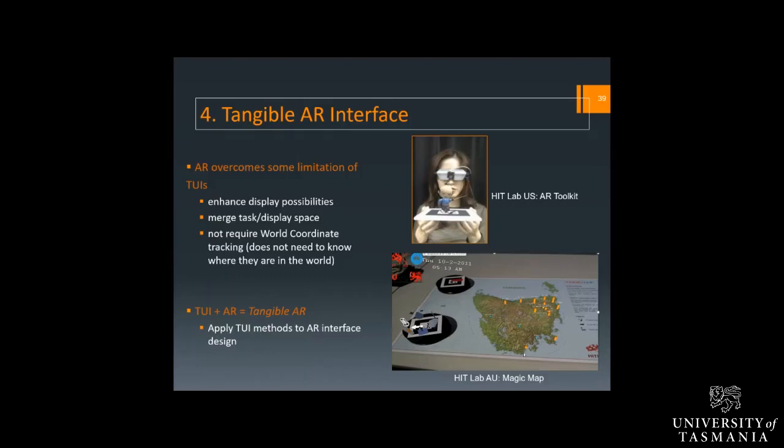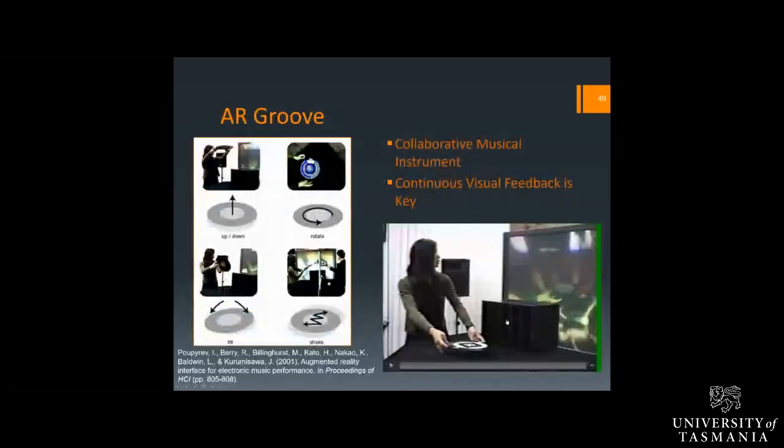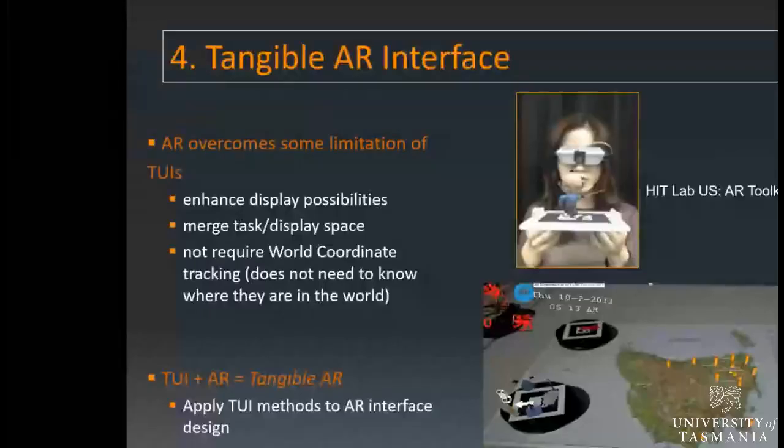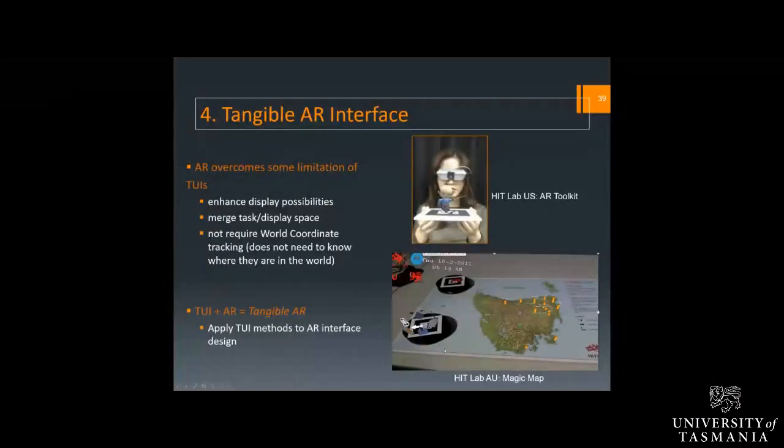So this is a project. The first image, of the lady with the samurai characters, was a project that originated from the University of Washington in Seattle. And this is a project we did in the early work here at the HIT Lab in Australia, up in Newnham.